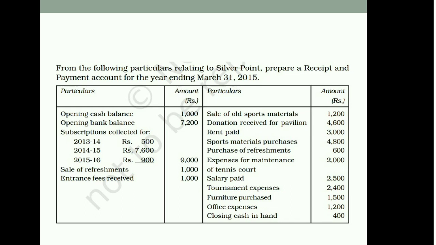Just see that on the credit side, at last it is given that closing cash in hand. So we have opening cash in hand and opening cash at bank. But at the time of closing, we had only closing cash in hand. So definitely a difference will be there and we will get the closing cash at bank.